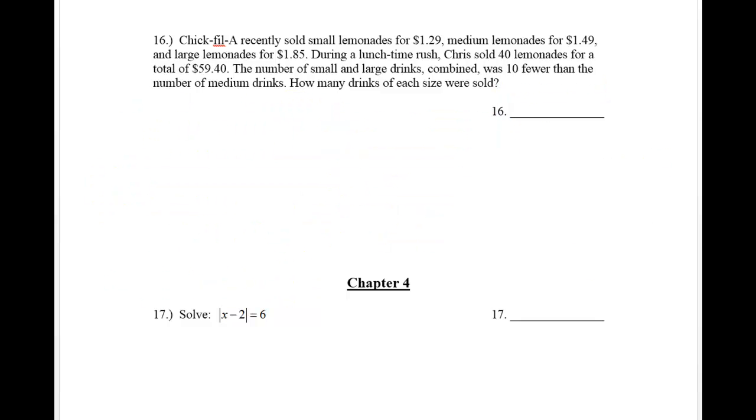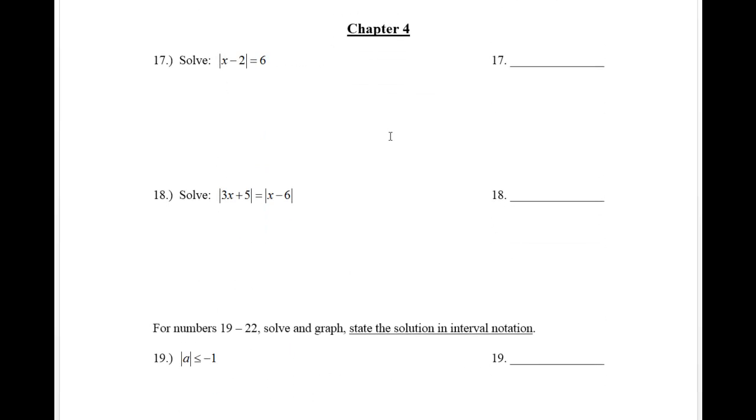Okay, so let's go and do some work here in Chapter 4 with absolute values. I strongly recommend that you go right into the next video, because problem number 19 and the ones right after it are all kind of interlocking with the inequalities and the absolute values.